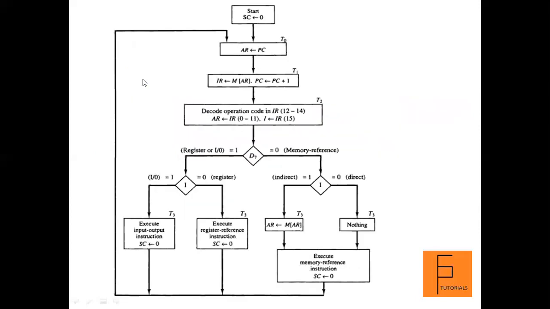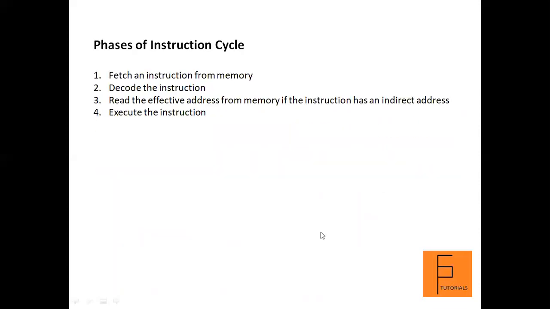This optional part is carried out if it is an indirect instruction. That is why at T3 this micro operation is present, whereas if it is a direct instruction, at T3 you have nothing to do. And finally, you execute the memory reference instruction.